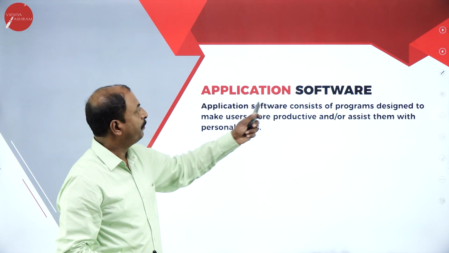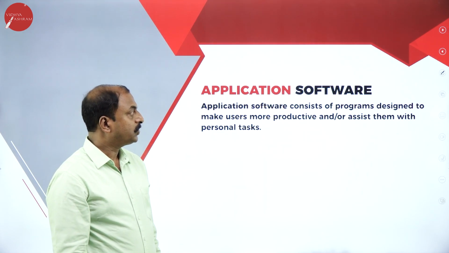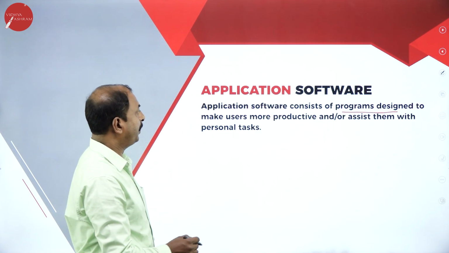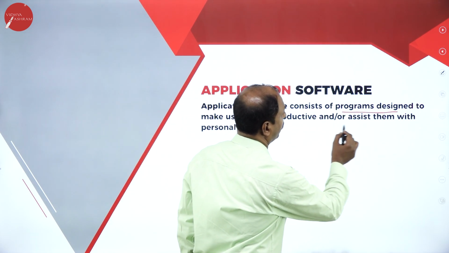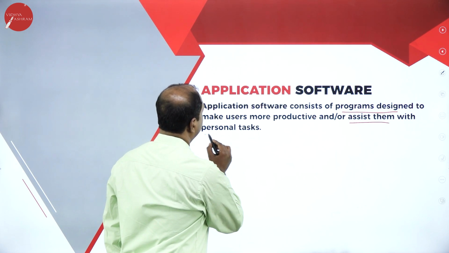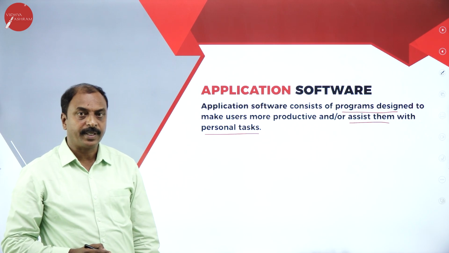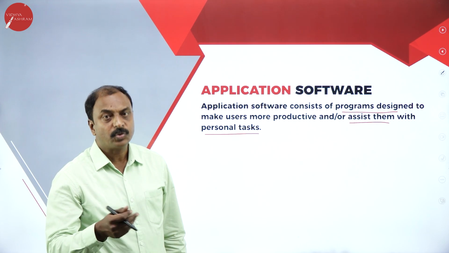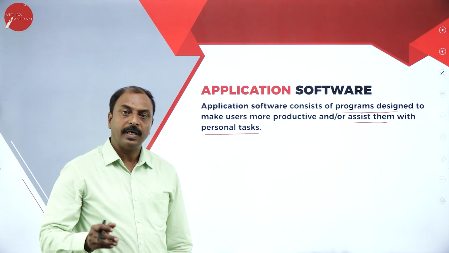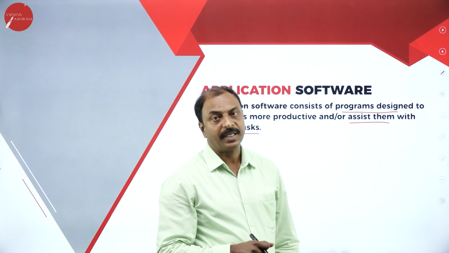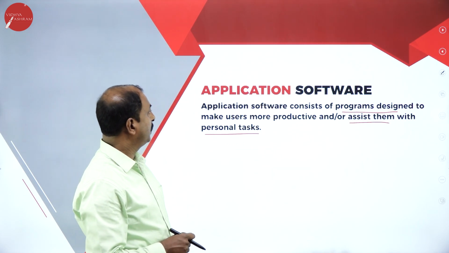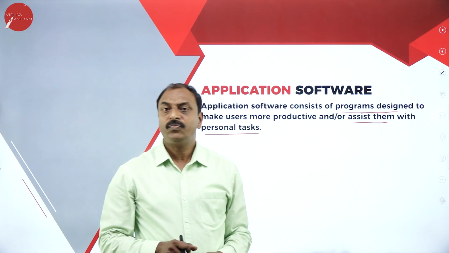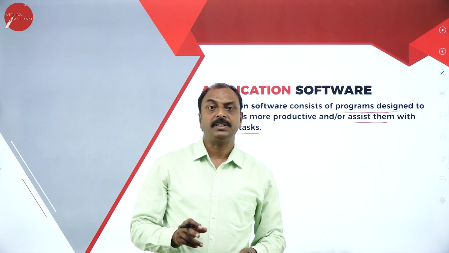Next definition is application software. Application software consists of programs designed to make users more productive and assist them with personal tasks. In other words, application software is a type of software developed for one particular application. I repeat once again: application software is a type of program designed for a particular or specific task.